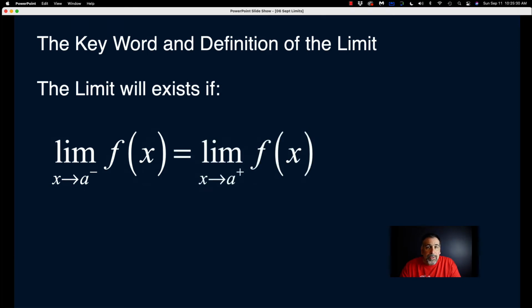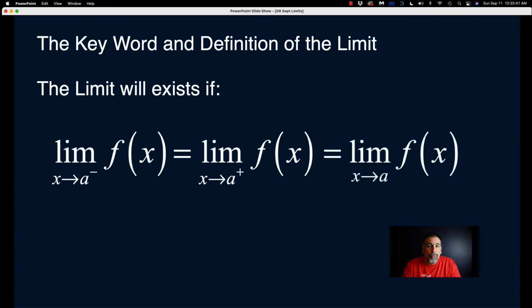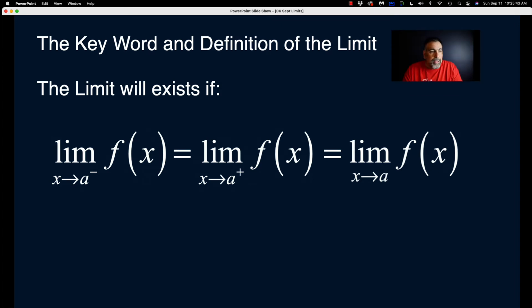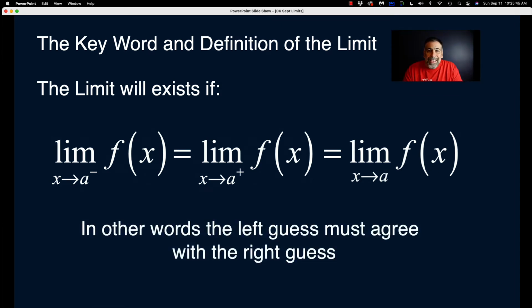What that means is we're going to have to sneak up on the value coming from both sides of the graph, from the left and the right. If those two things are equal, and only if those two things are equal, we'll be able to say that an overall limit exists. In other words, the guess coming from the left must agree with the guess coming from the right. Anything else, that limit is going to be undefined. So we've got to check from both sides and make sure they're equal.